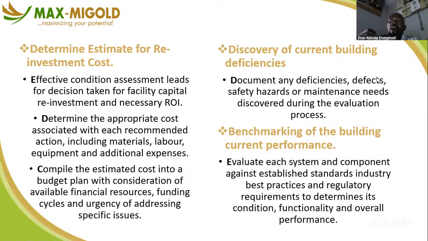How do you plan your available resources in terms of manpower, financial, labor, and material availability? These are all what you consider, and your assessment gives you the opportunity to determine which one you are going to dispose of and which one you are going to put in place.